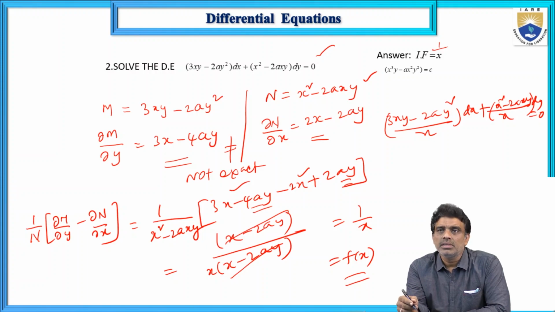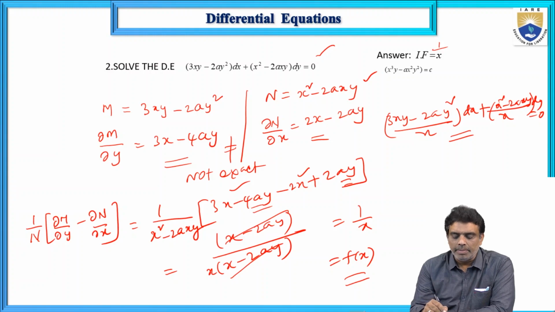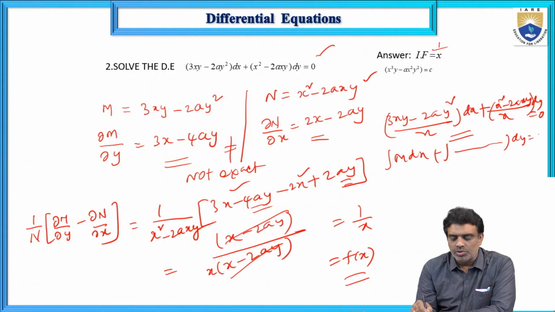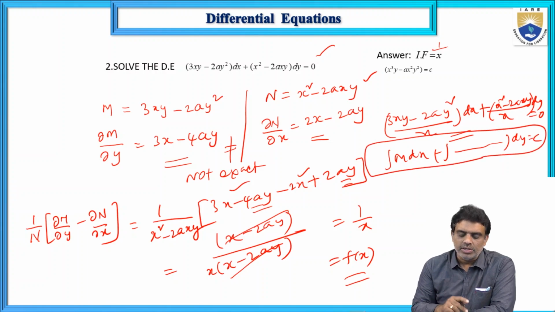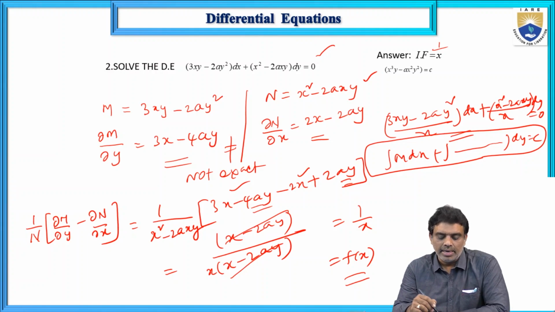This equation is an exact equation. So how to solve this equation? Since this equation is exact, we can solve it by integrating ∫M dx plus the integral of the terms of N not containing x, with respect to y, is equal to c, which is the required solution of the given equation. Just we divide: we get 3y here, and here we get 2ay²/x, and here we get x²/x, that is x − 2ay, dy = 0.